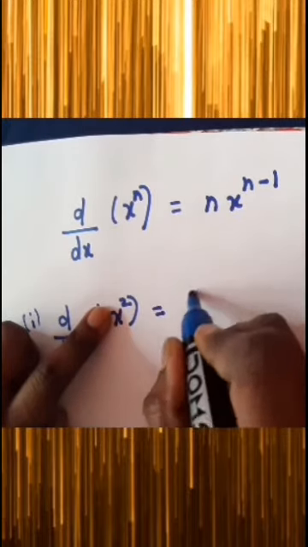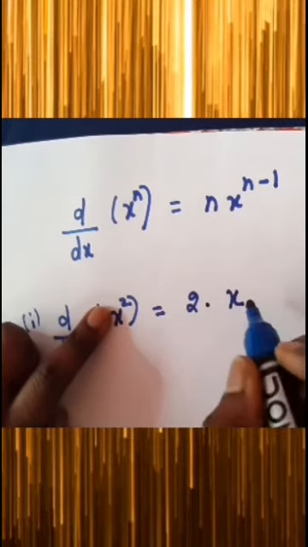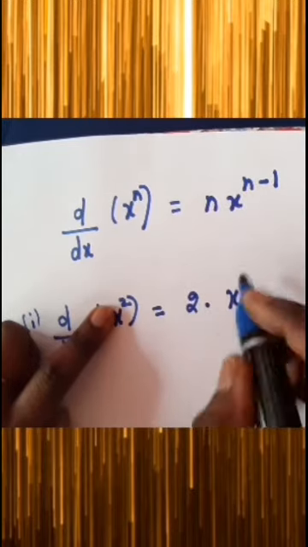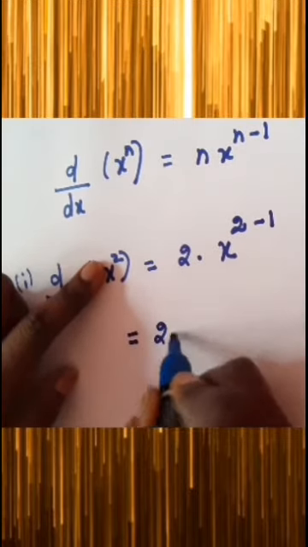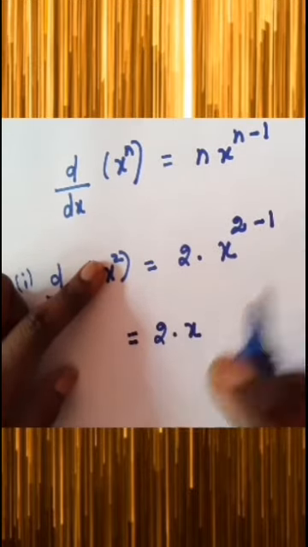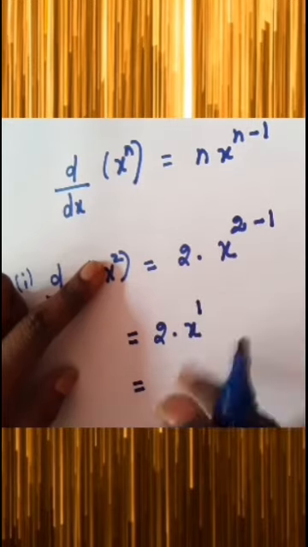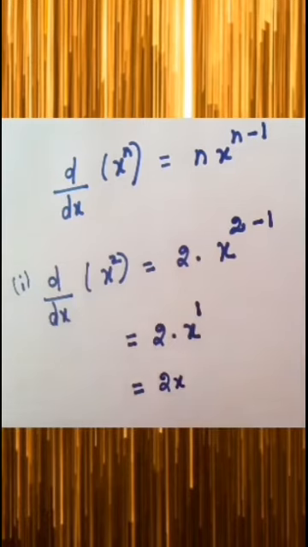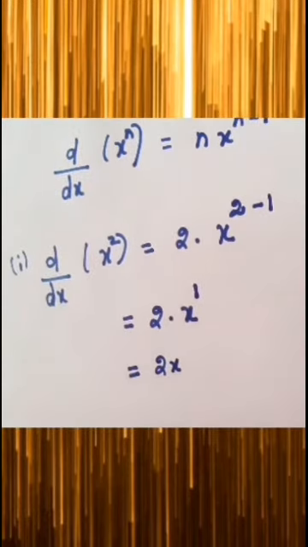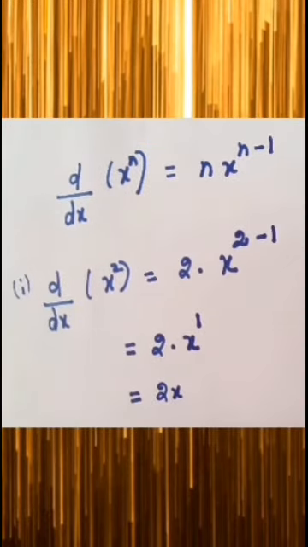Substitute in the formula: 2 times x to the power n minus 1, which is 2 times x to the power 2 minus 1. 2 minus 1 is 1, so x to the power 1 is x only. So 2x. This is the basic concept of differentiation, students.